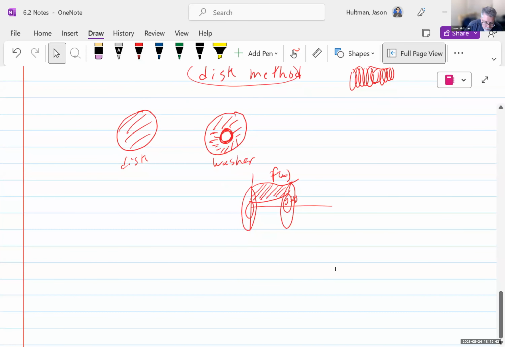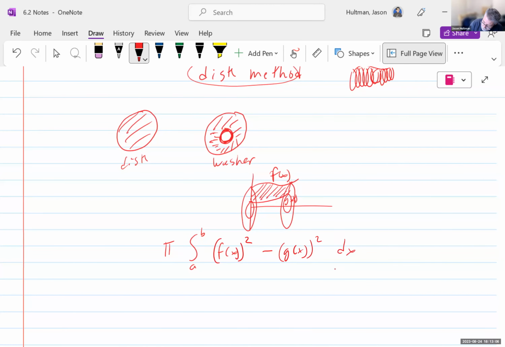So if it's an x-oriented function, an f of x and a g of x, then the formula would look like this. Pi times the integral from a to b of f of x squared minus g of x squared dx.